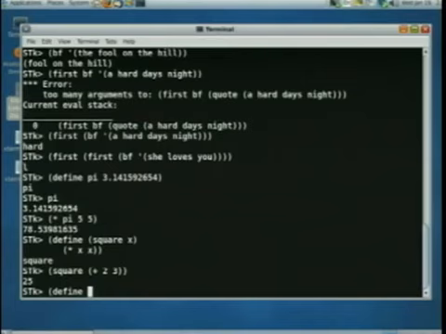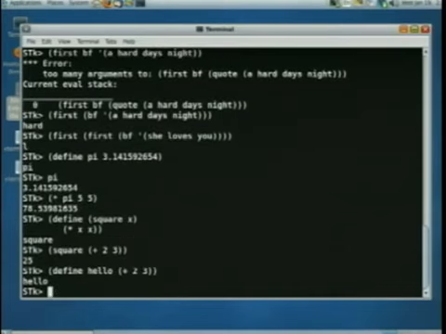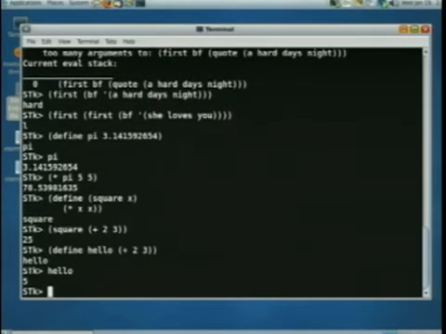But if I say define hello to be plus 2, 3, the value of hello is 5, right? It's not plus 2, 3. This got evaluated. If this were inside parentheses, then we'd be defining a function, and then nothing would be evaluated until we call the function. OK? Great.